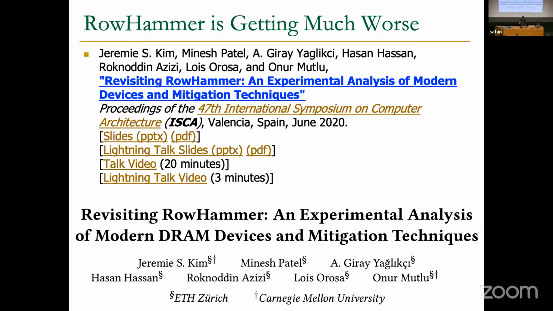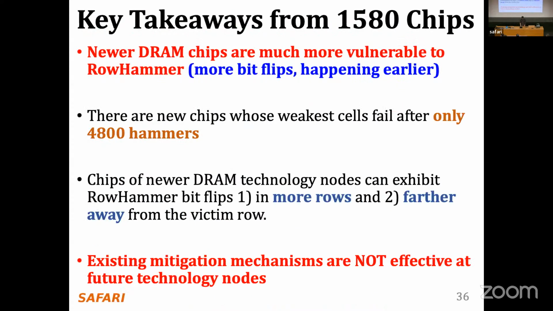And we already saw before that there's a bitflip versus vintage issue in RowHammer, that the newer the module, the more vulnerable it is to RowHammer. So it's natural to revisit this after DRAM design has significantly shrunk to achieve much higher storage density, and that's exactly the motivation of this work.